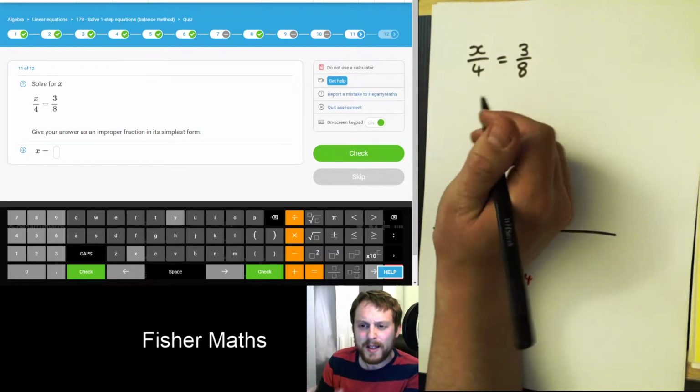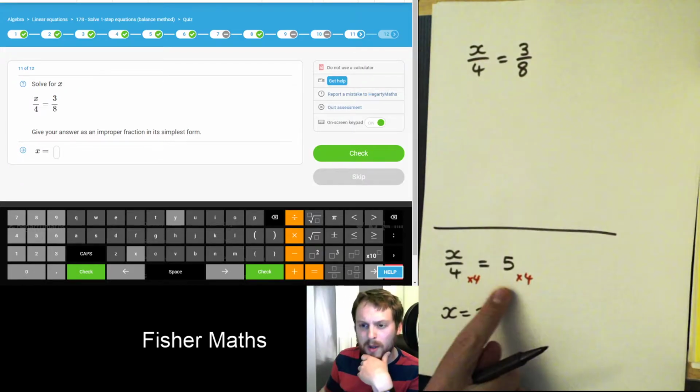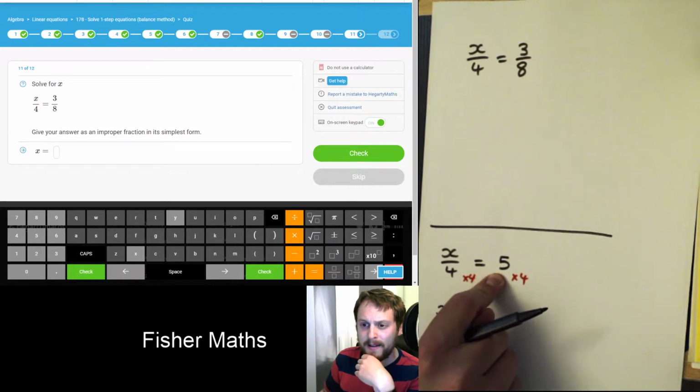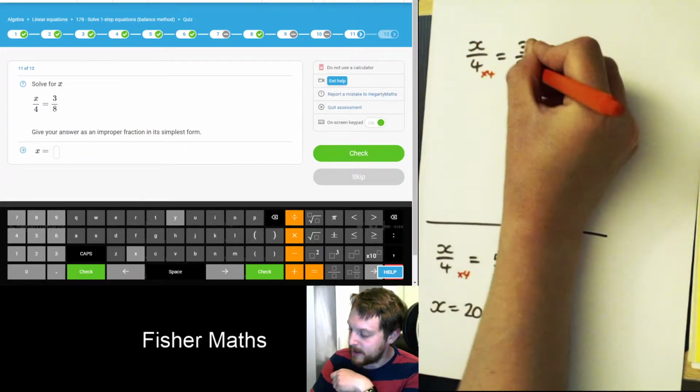Do you think it matters that it's 3/8 and not 5? Would this have changed at all if it had said 10? I mean, the answer would certainly be different, but would the method of timesing by 4 have been any different? No, I'm going to times both sides by 4 because that's what's going to give me whatever x is.